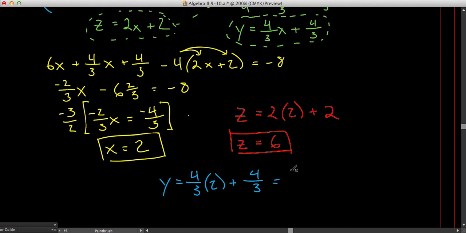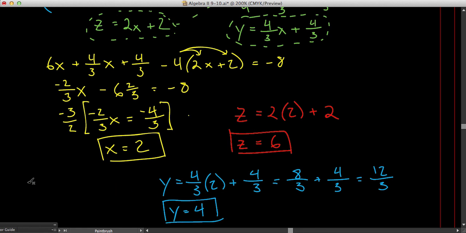And that leaves us with 8/3 plus 4/3, which is 12/3. Or in other words, y is equal to 4. All right, so we can write our ordered triple here as x comma y comma z, or 2 comma 4 comma 6.